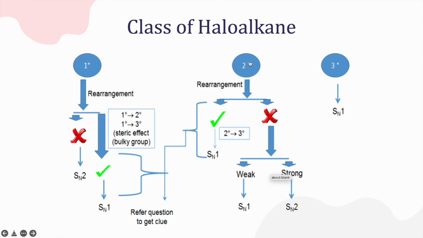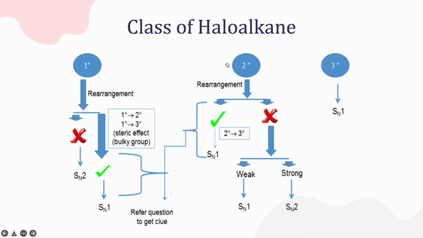You have to make the secondary carbocation first, and then the weak nucleophile can attack the carbocation, because weak nucleophile cannot undergo SN2. Weak nucleophile can only attack carbocation. It cannot attack C delta plus. So that's why if the haloalkane is secondary and it reacts with weak nucleophile, SN1 mechanism will occur.